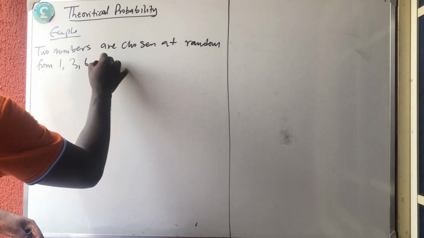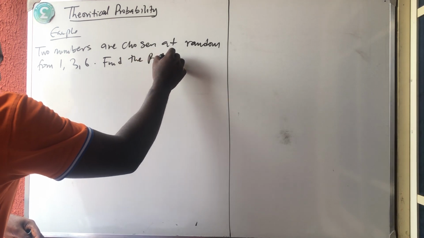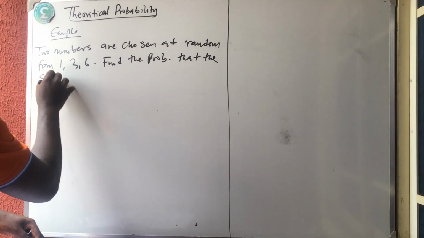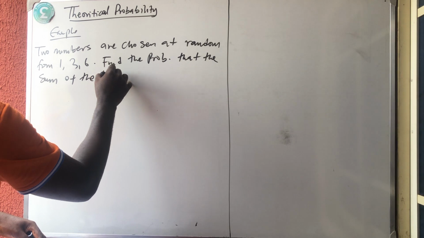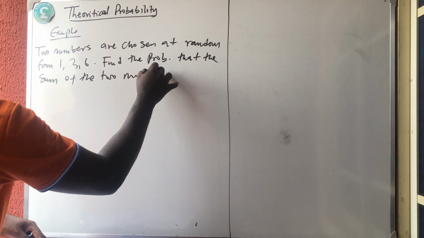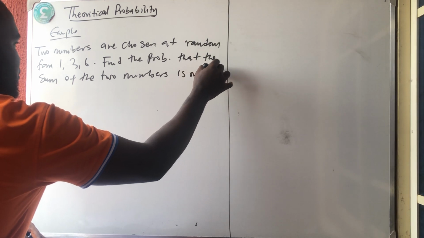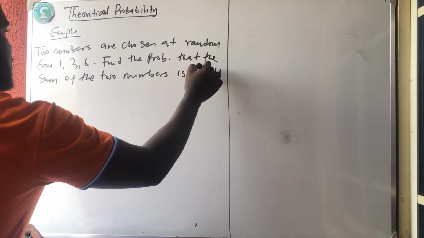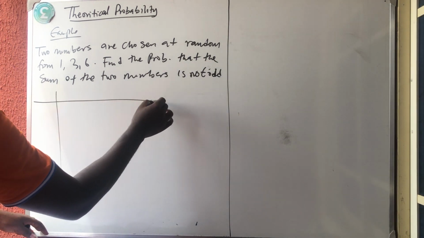Then it says you should find the probability that the sum of the two numbers is not odd. Okay, let us get the sum of the two numbers.